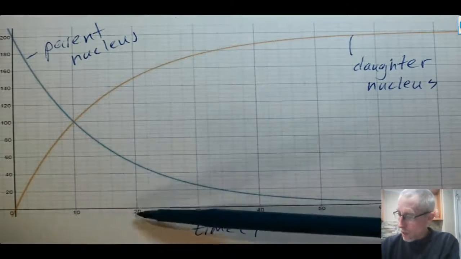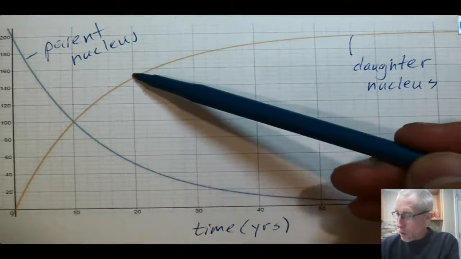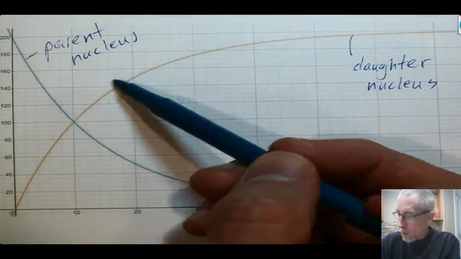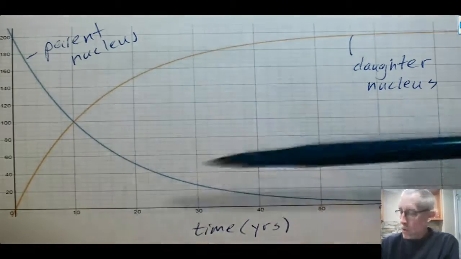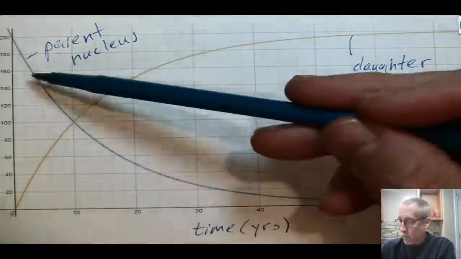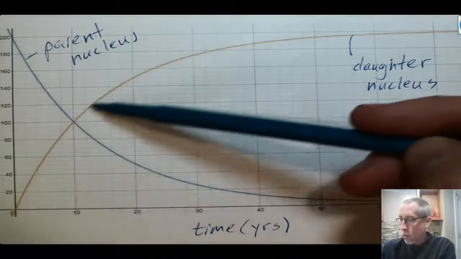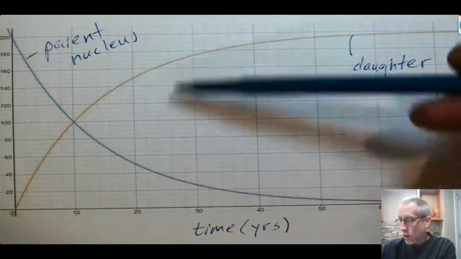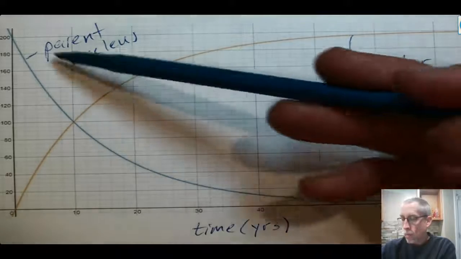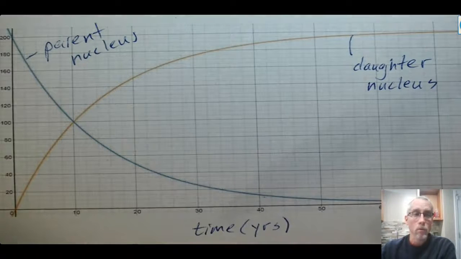And so if we look at 20 years, what is the value here? It's 150, right? So between the blue decay graph and the orange, the growing graph, if you pick any time on there, the sum of your 2 measures will be the original 200.